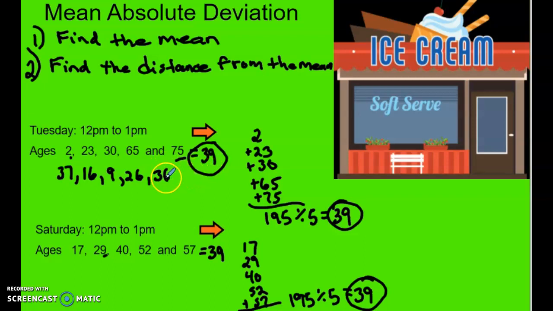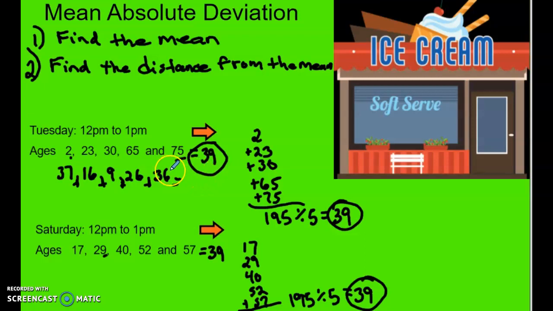So what we want to do here to find the mean absolute deviation is to take now these 5 numbers, add them up, do a quick calculation, and then divide. We're doing the mean again. We're doing the mean of the differences. That's really what we're doing here.